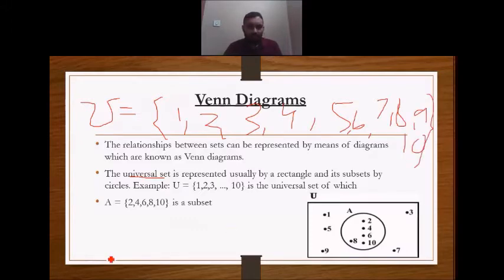Here A equal to 2, 4, 6, 8, 10 is a subset. This is definitely a subset of this, because for the universal set, all the other sets are subsets.